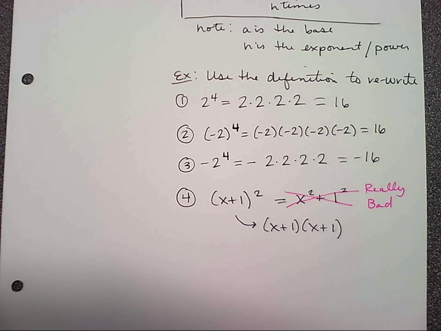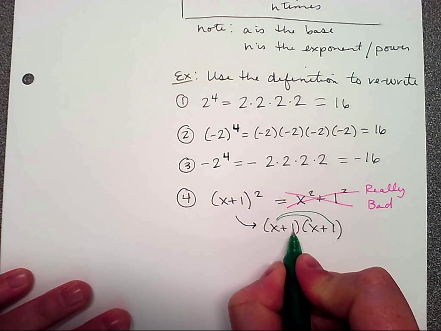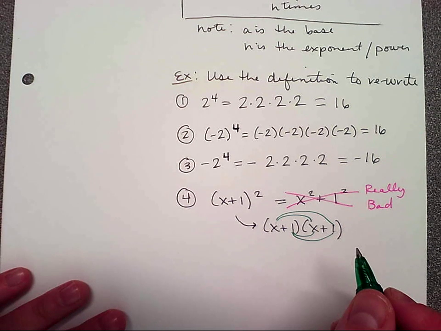Do you do rainbow method after that? So you would do rainbow method, which I think some people call the FOIL method, which some people know as just distribution, right? So we're not going to cover it right now, but I will write out the answer because I know some people really like to see that. So you do FOIL or distribute. FOIL is first, inner, outer, last, right?